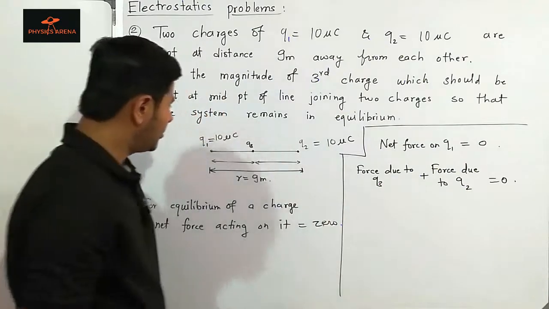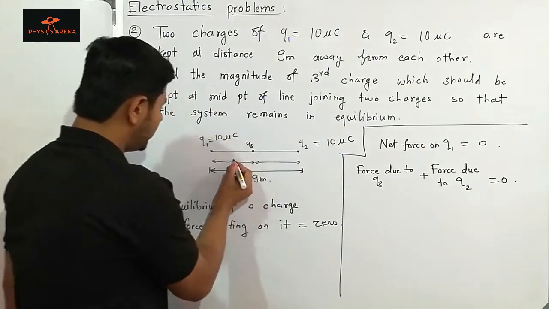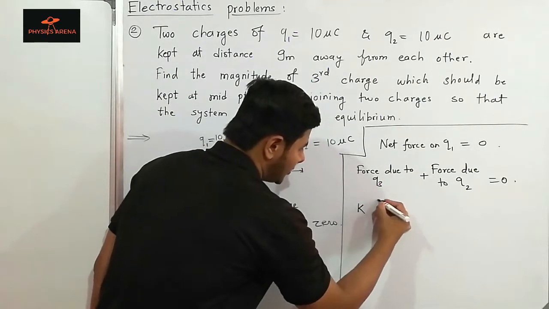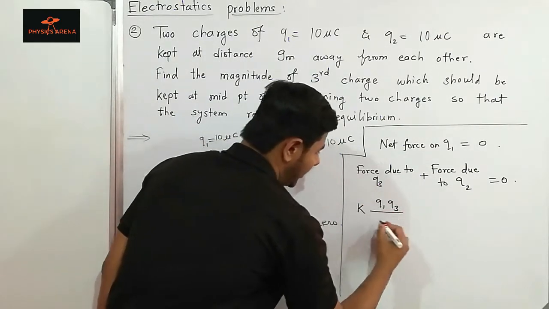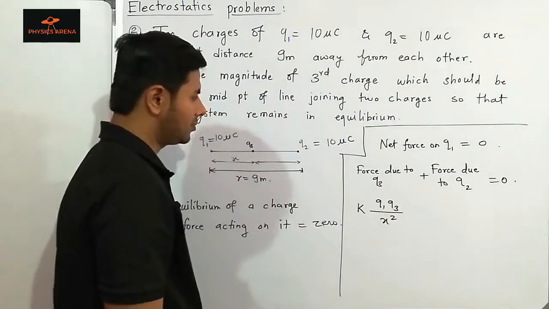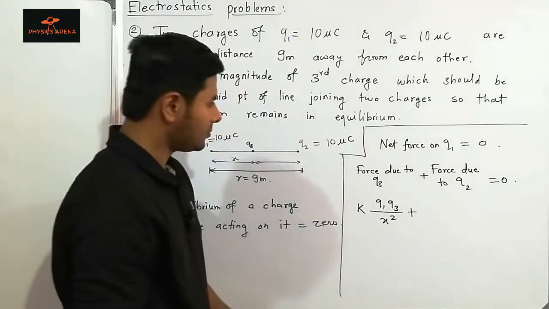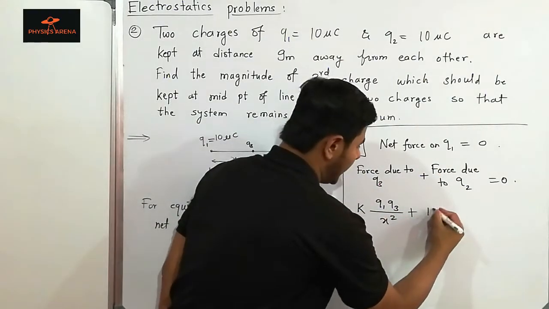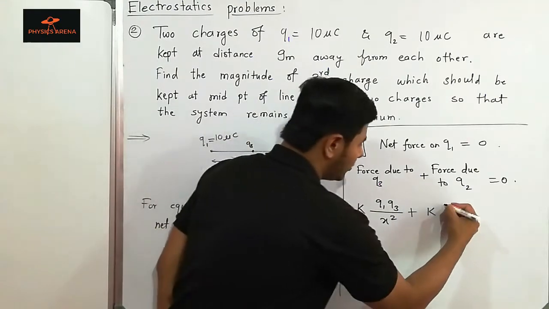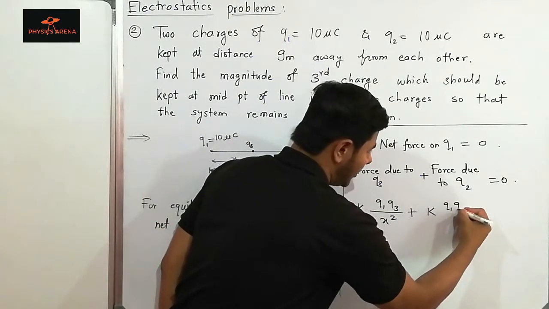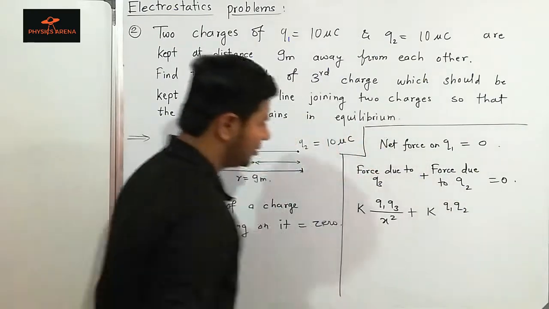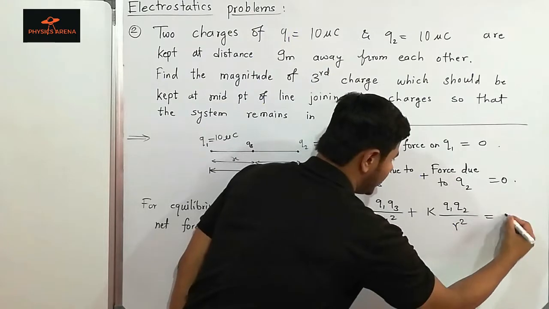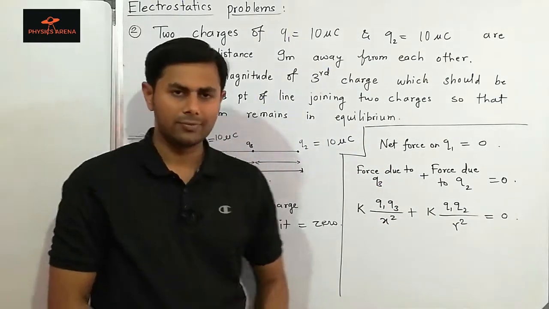So the force due to Q3 will be, let's call this distance x, k times Q1 Q3 divided by x squared, plus the force due to Q2, which is k times Q1 Q2 divided by r squared, equal to 0.